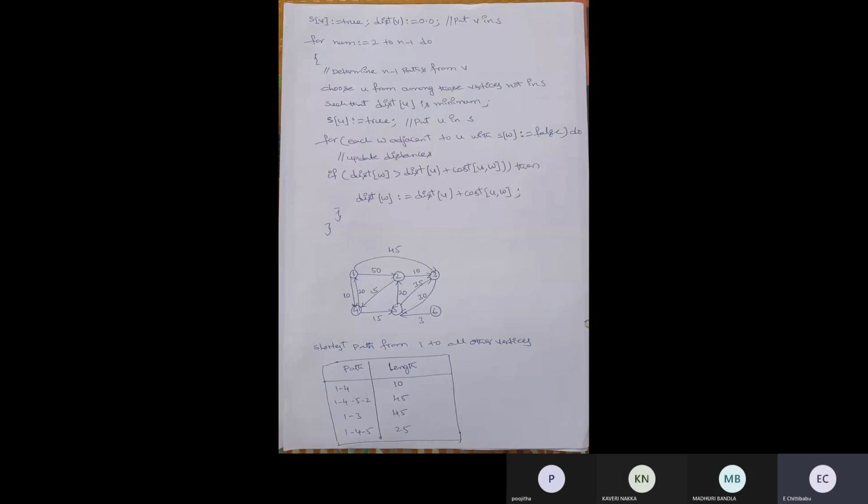Next, s of v equal to true, distance of v equal to 0. Put v in s.